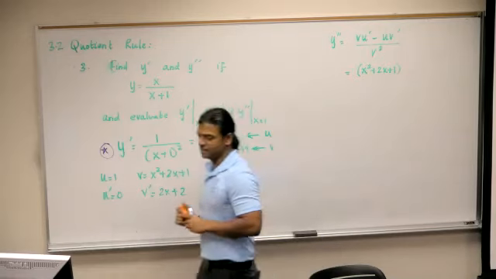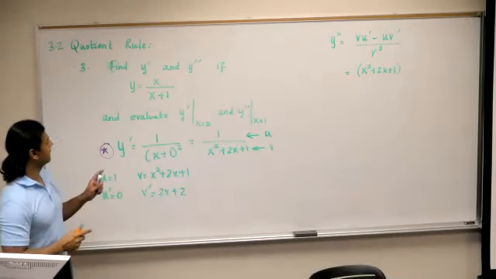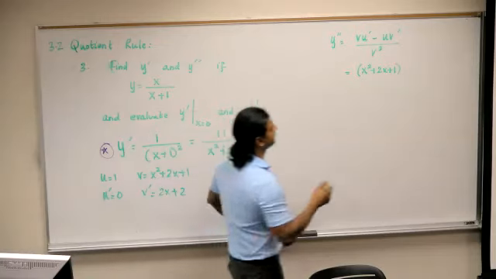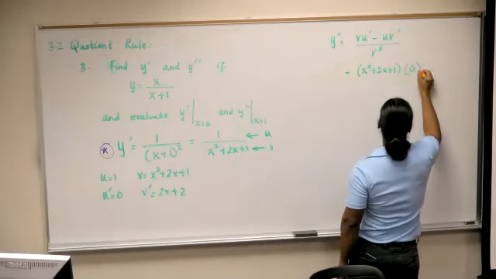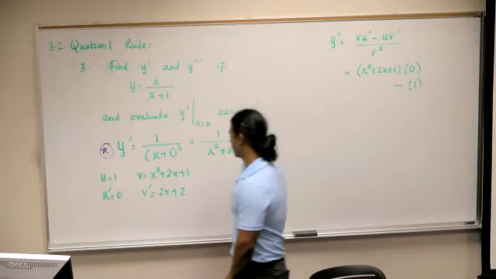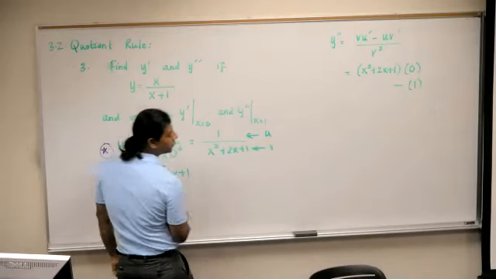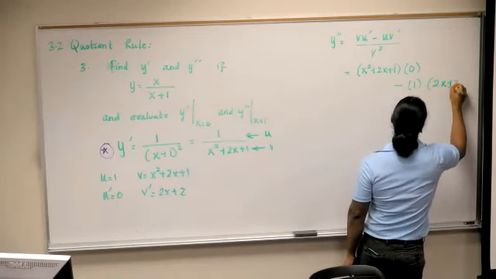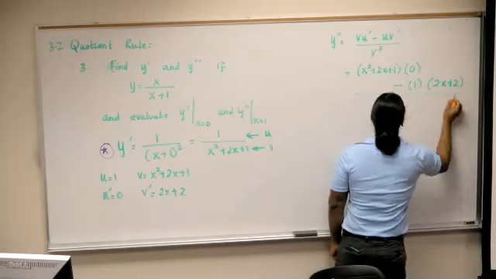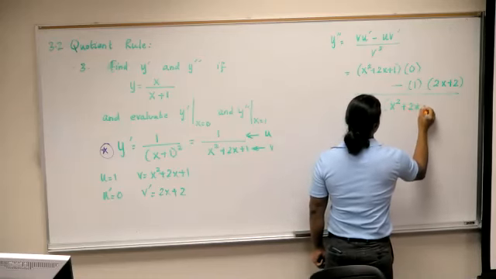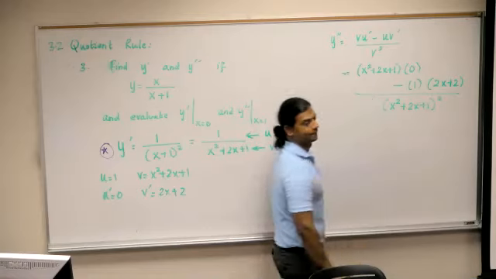U prime is 0, minus u, which is 1, multiplied by v prime, which is 2x plus 2, divided by x squared plus 2x plus 1 squared.